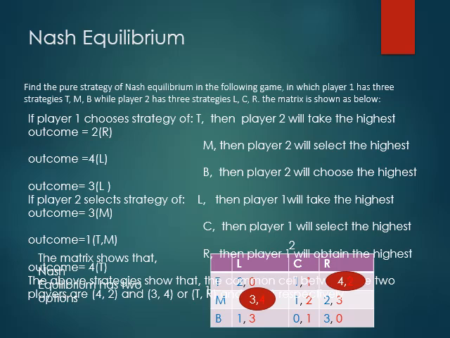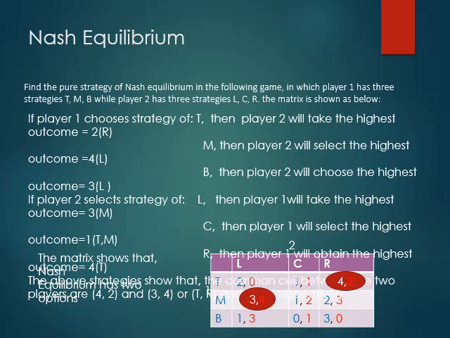Now the strategy is focusing on row T. If player 1 chooses the T strategy, let us see the reaction of player 2. Player 2 will choose the highest outcome in the T row.